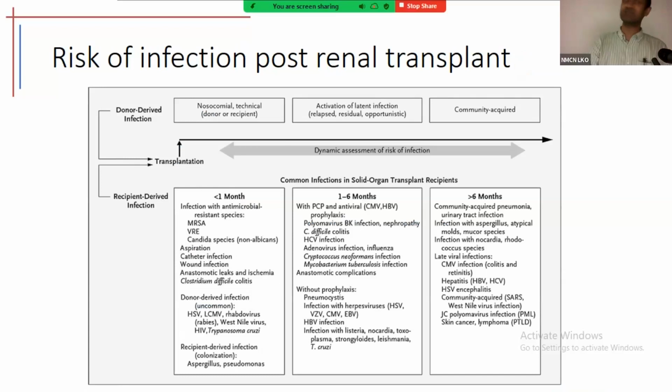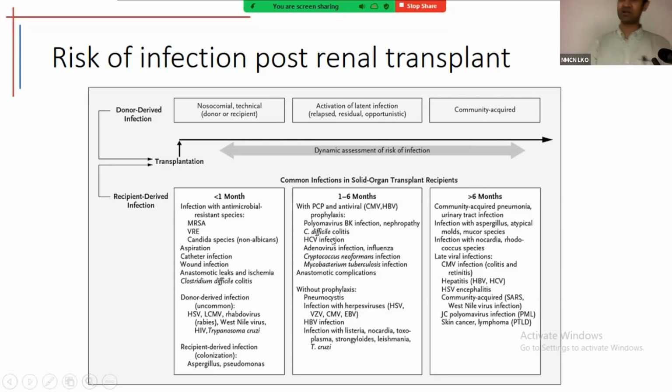They're susceptible to Clostridium difficile, and they're also susceptible to donor-derived infections, right? HSV and CMV, West Nile virus, HIV, Trypanosoma cruzi, and fungal infections. So fungal infections that are mainly colonizers, so Aspergillus, and some bacterial infections like Pseudomonas.